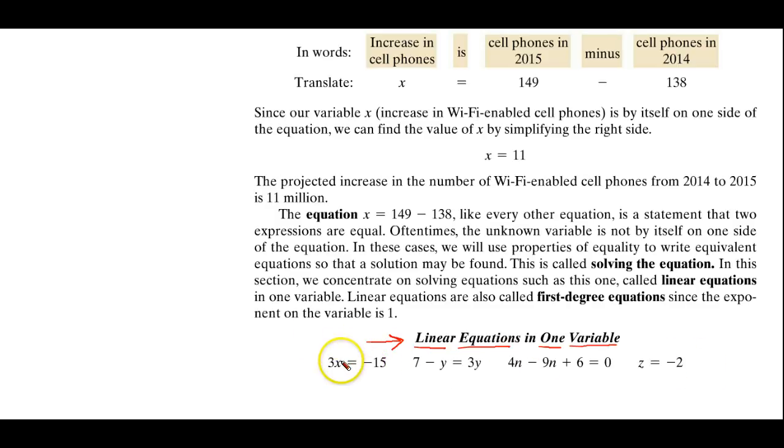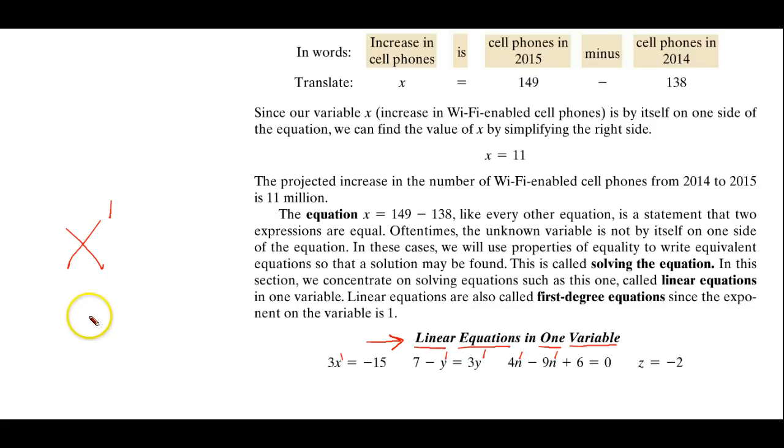And since the value of X is only to the first power, or Y to the first power, n to the first power, that is a linear equation. If your variable is only to the first power, these are linear equations.